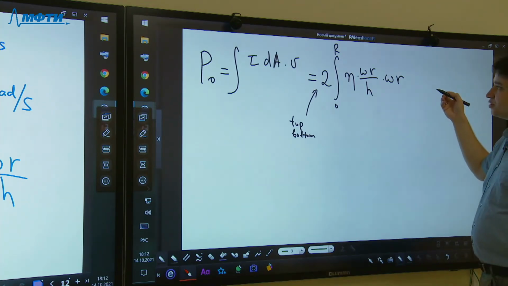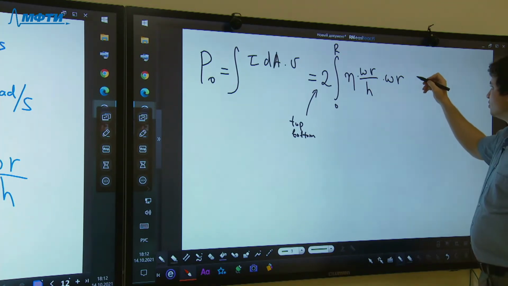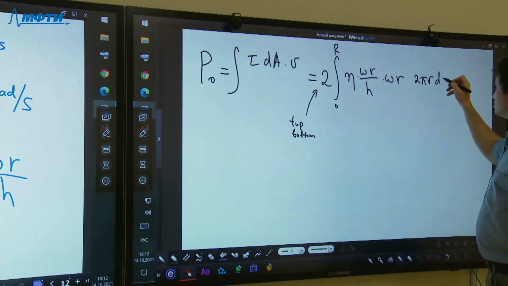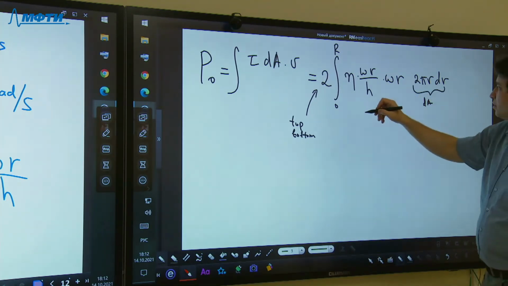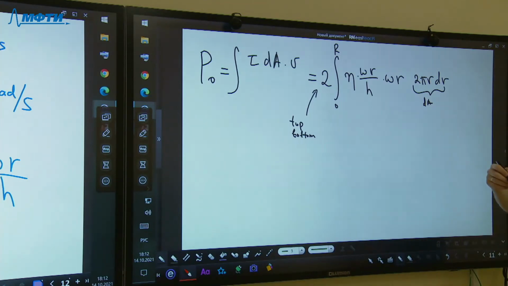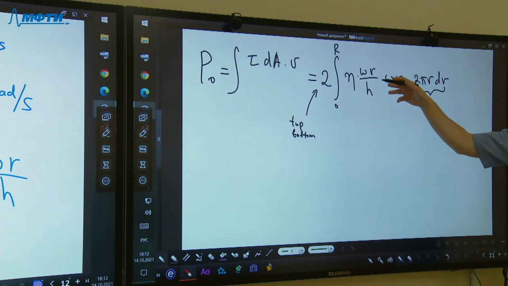The element of surface I can write as 2 pi r times dr. I consider a fully circular element of surface because everything depends only on r, not on the direction from the axis.